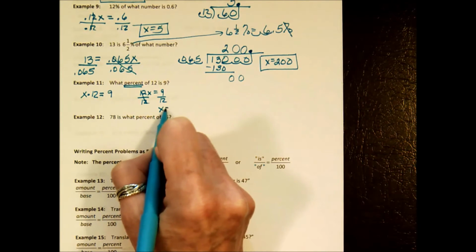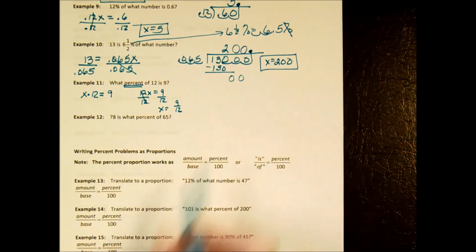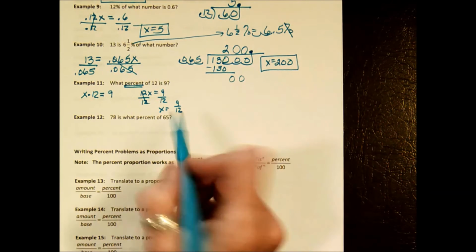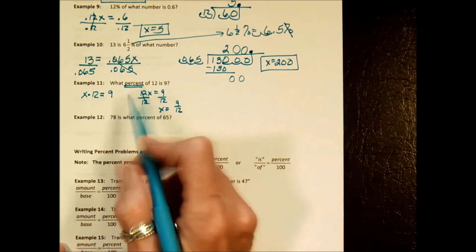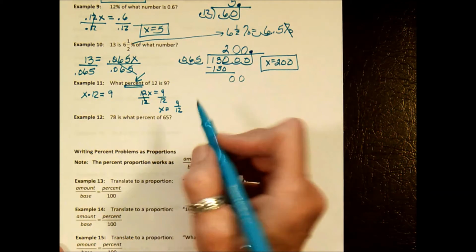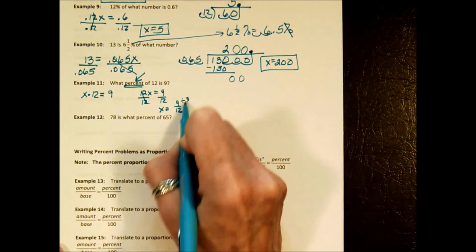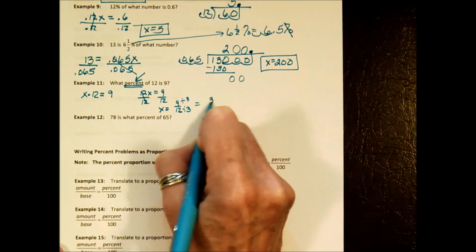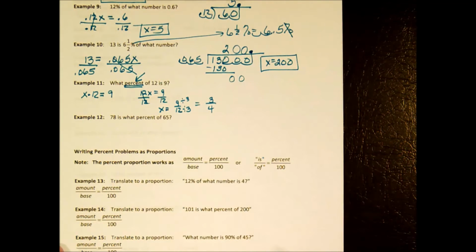X equals 9/12, but we have to change that now to a percent because we're looking for a percent and it's a fraction, and we know that in order to do that we have to first write it as a decimal. Now I can help myself by simplifying this to 3/4. Now I know what percent 3/4 is.